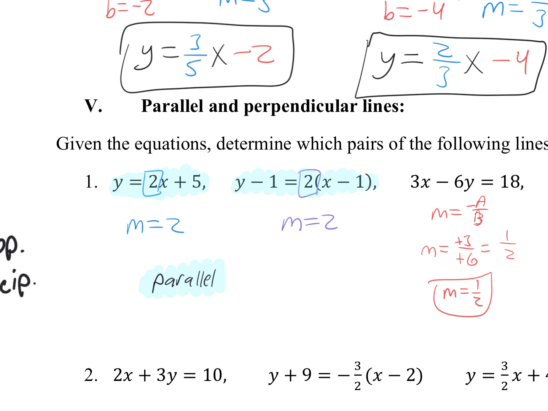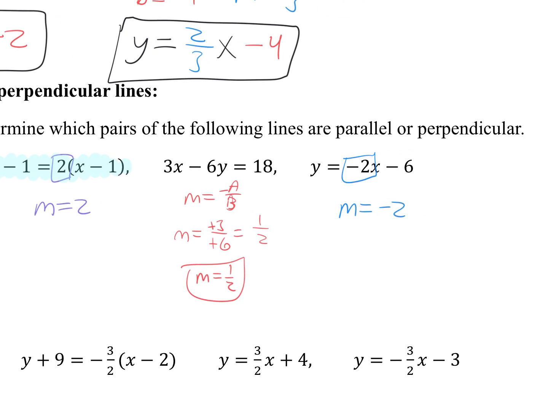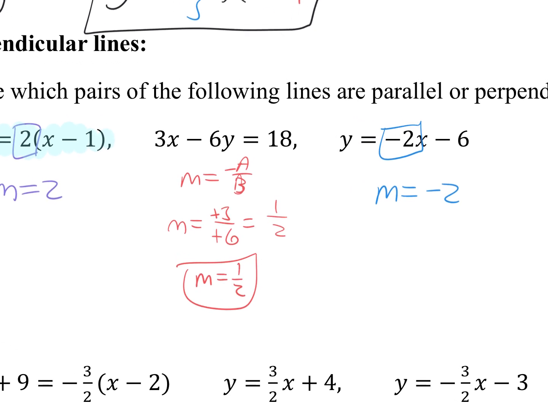And I'm just going to look at the other two slopes and see, can we determine if they're perpendicular? Remember, perpendicular is an opposite reciprocal. So I'm going to look at m equals 1/2. The opposite is going to be -1/2, all right? And then your reciprocal is, you flip this fraction, so we get -2/1, which is just -2.